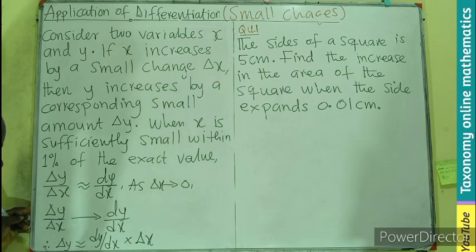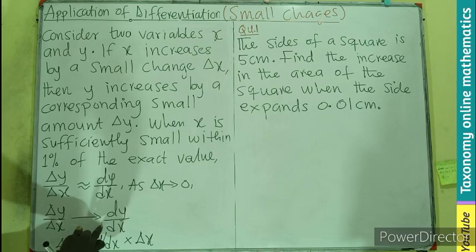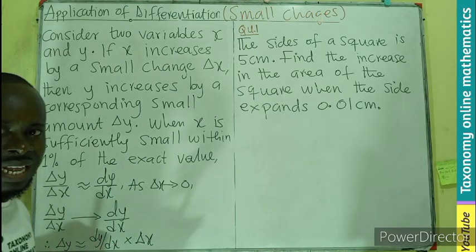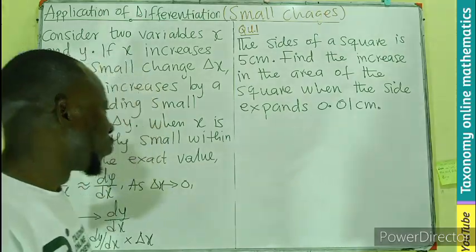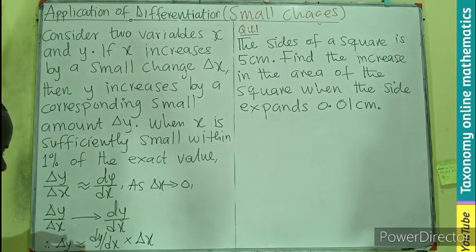So that simply means if I want to find the small change in y, that will be approximately equal to dy dx times the small change in x. That's the dx. All right. So this is the approach. Remember, as we are making delta y the subject here, then delta x multiplies.